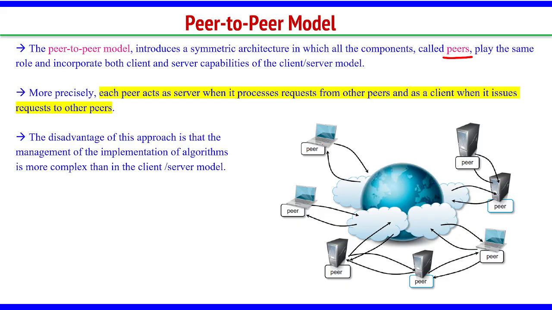Each peer acts as a server when it processes requests from other peers, and it acts as a client when it issues requests to other peers. So both roles they play. That is the peer-to-peer model. There is no central server. Data is shared among all of them. The application which you are designing is distributed among all the systems.